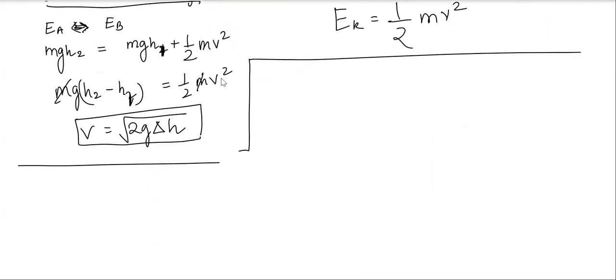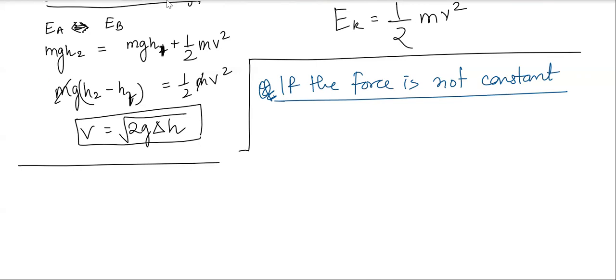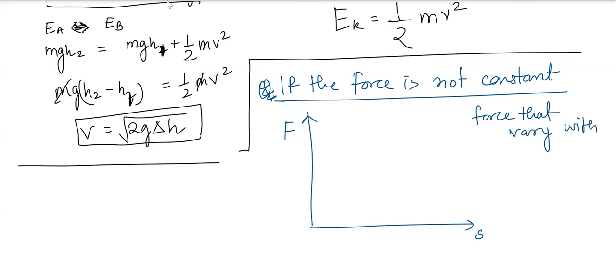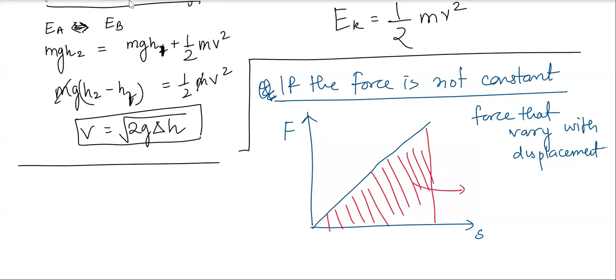Now, what if the force is not constant? In that case, for example, if they have given you a force which varies with the distance traveled or displacement, what we do is, if the graph is like this, the area under the curve represents work done.